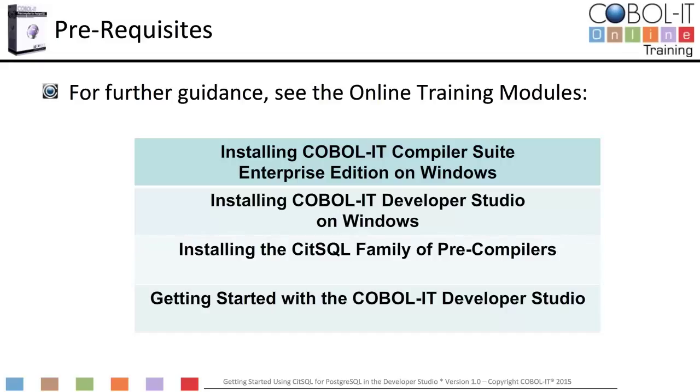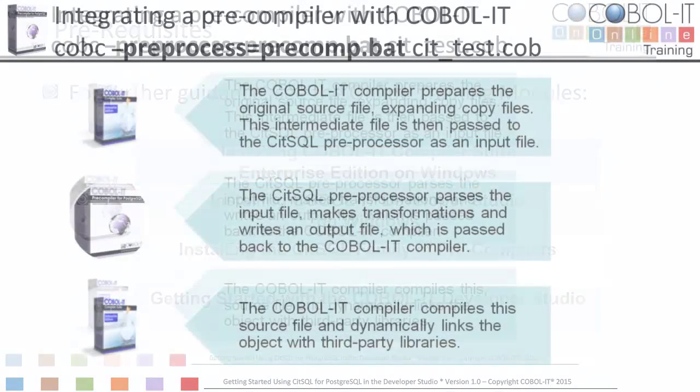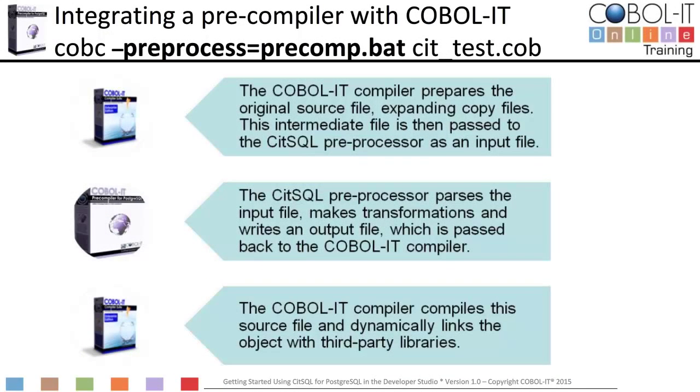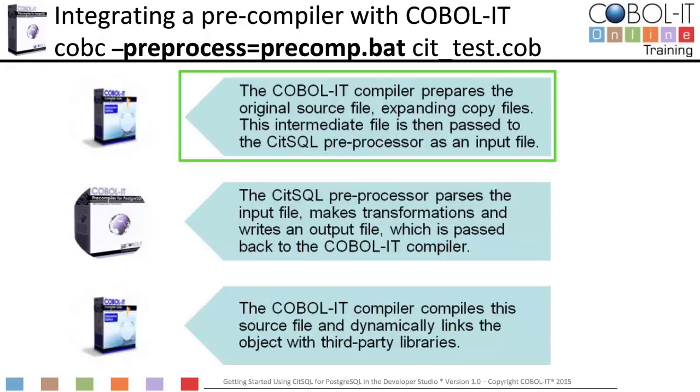We will begin by reviewing some key concepts. Key concepts. Integrating a pre-compiler with COBOL-IT using the -preprocess compiler flag. First, the COBOL-IT compiler, COBOL-C, prepares the COBOL source file, expanding copy files. This intermediate file is then passed to the preprocessor as an input file.